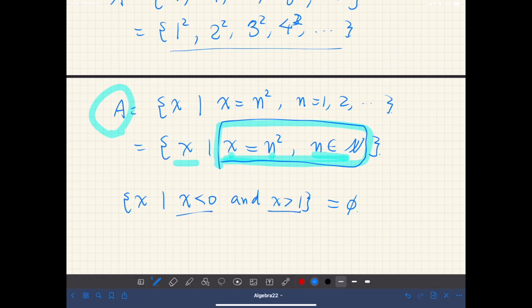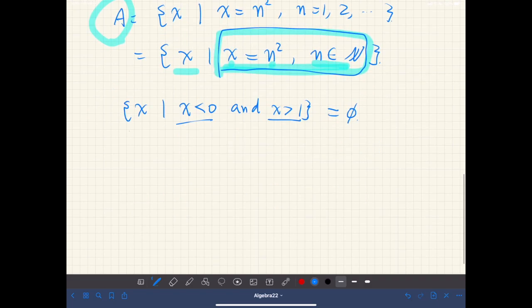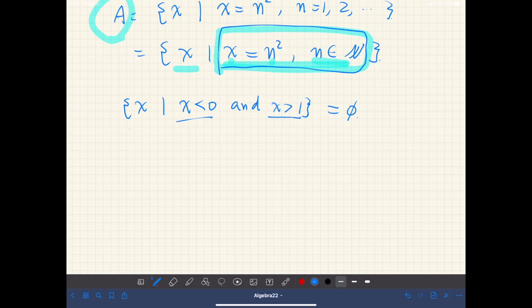No number is less than 0 and at the same time greater than 1. So this set must be empty. Okay, if this "and" is replaced with "or", then there are infinitely many elements in this set. So the cardinality will be infinity.